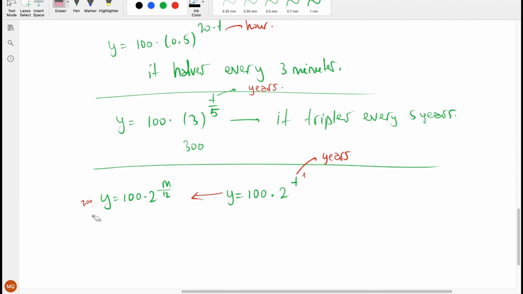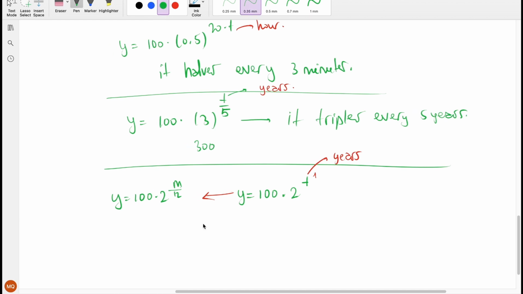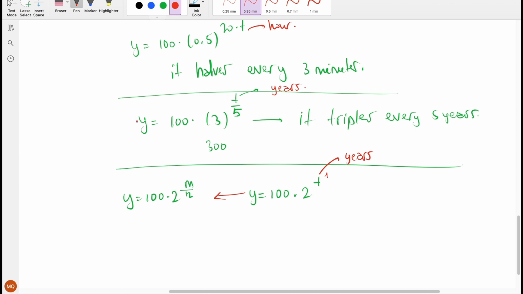Okay, now let's convert it, for example, to days. For days it will be y is equal to 100 multiplied by 2 to the power of d over 365, let's say we have 365 days in 1 year. Okay, now convert it to decade. Decade means 10 years.